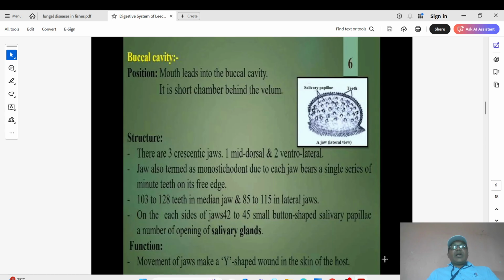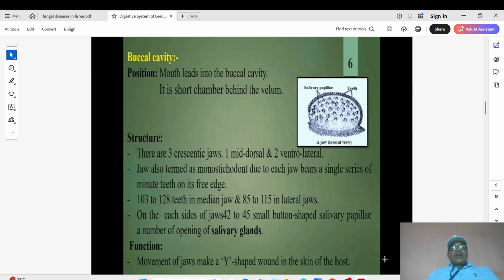Now see, it is the buccal cavity. Buccal cavity, the position: mouth leads into buccal cavity. It is a short chamber behind the velum. See here, in the buccal cavity, several jaws are there.